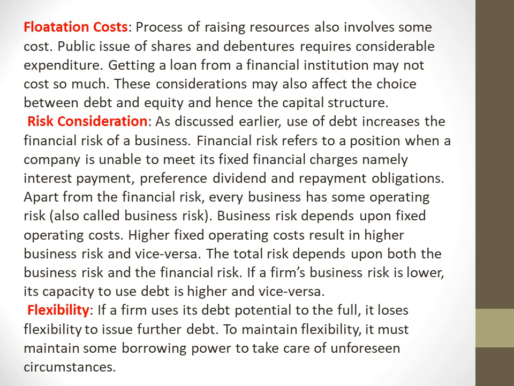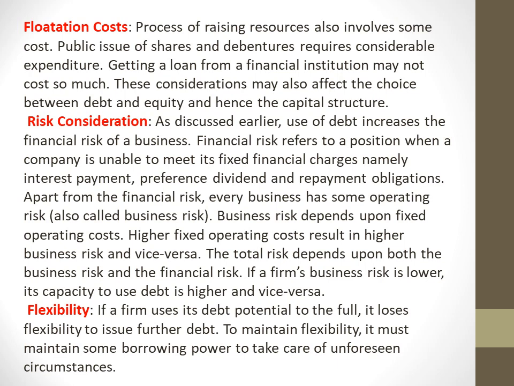And business risk depends upon the operating cost. If a business is able to operate its business affairs efficiently, definitely the operating cost is lower. So the total risk depends upon the business risk and financial risk. If business risk is lower, it will raise the capacity to use higher debt.